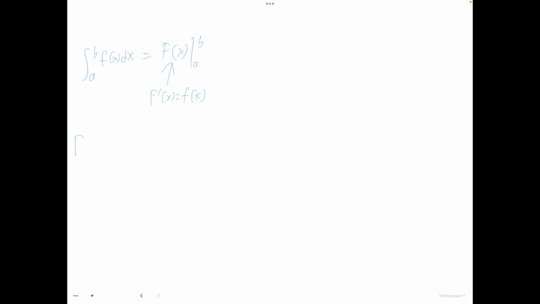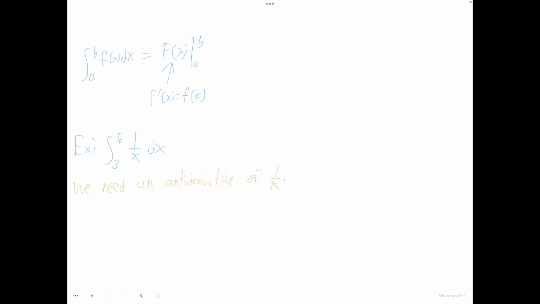Okay, so the next example, we want to do the integral from 3 to 6 of 1 over x dx. So first we need an antiderivative of 1 over x.